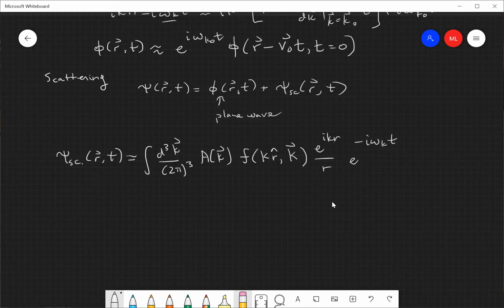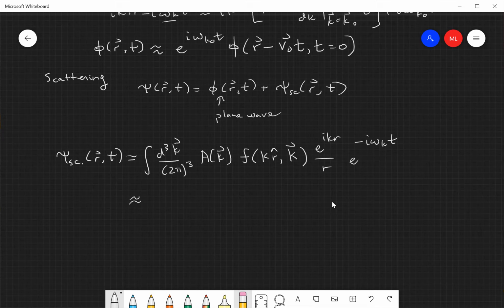And again, what you do here is you say, well, okay, the wave packet is going to be dominated by modes around the initial momentum that you send in. So we expand around that initial momentum. It's a subtle thing. The more narrow your wave packet is in momentum space, of course, the more wide it will be in position space.